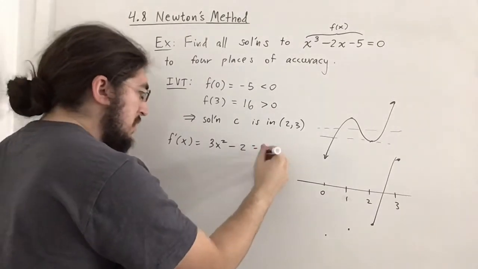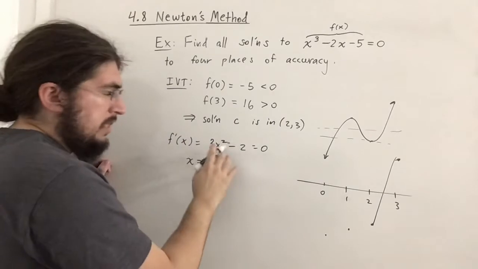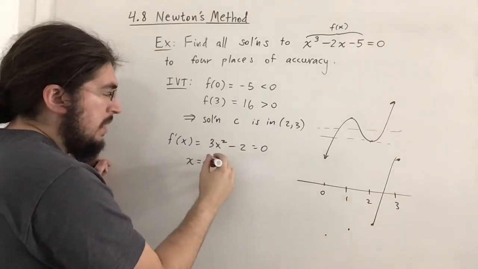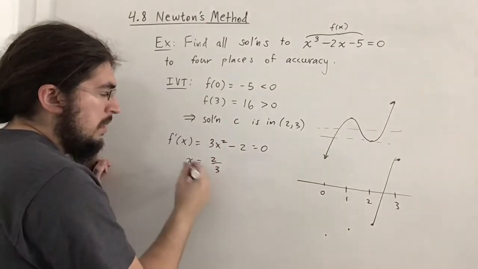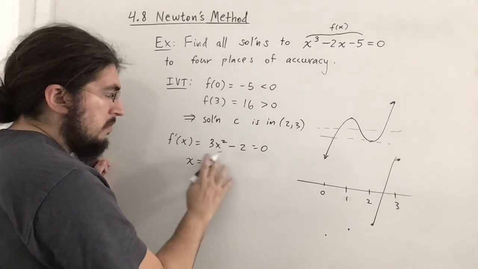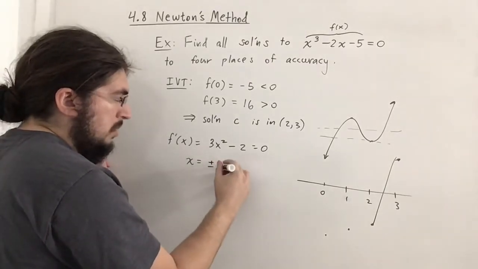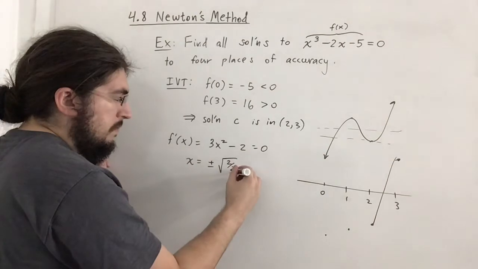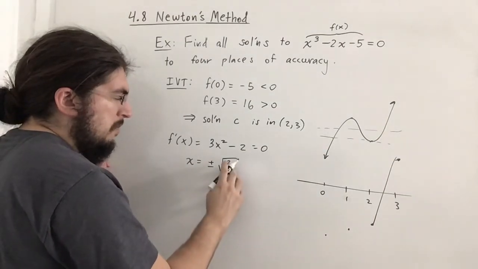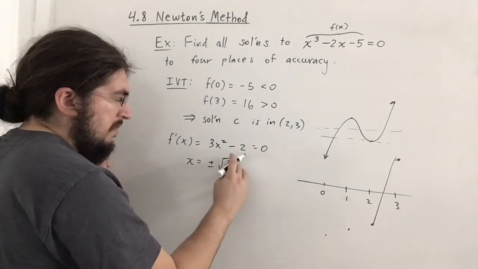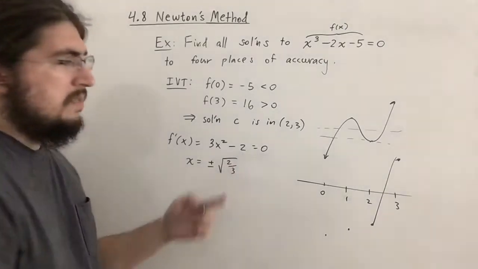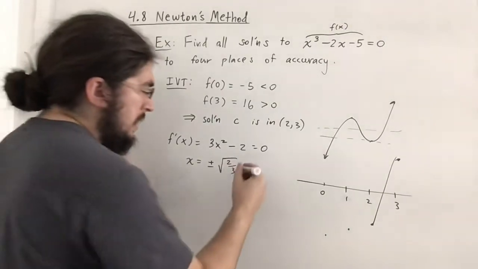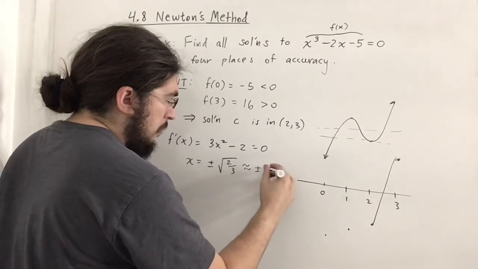Adding 2 to the other side and dividing by 3 gives you x squared is 2/3. But then when you square root, you get two values. You get plus or minus the square root of 2/3, which we can approximate if we like. In fact, let me do that right now. I got about 0.816, so we got plus or minus 0.816.